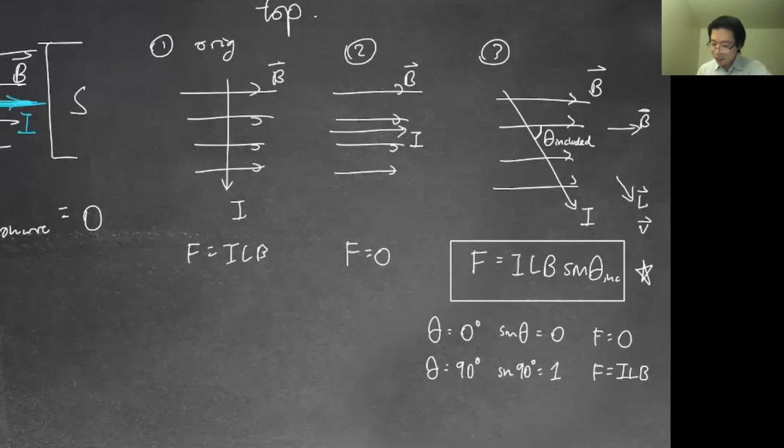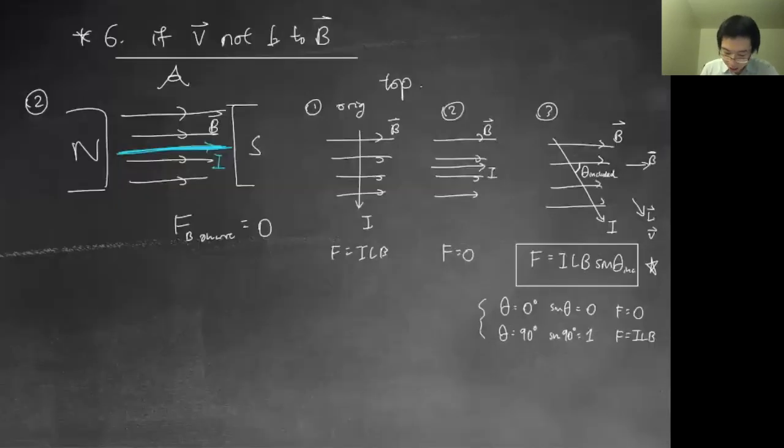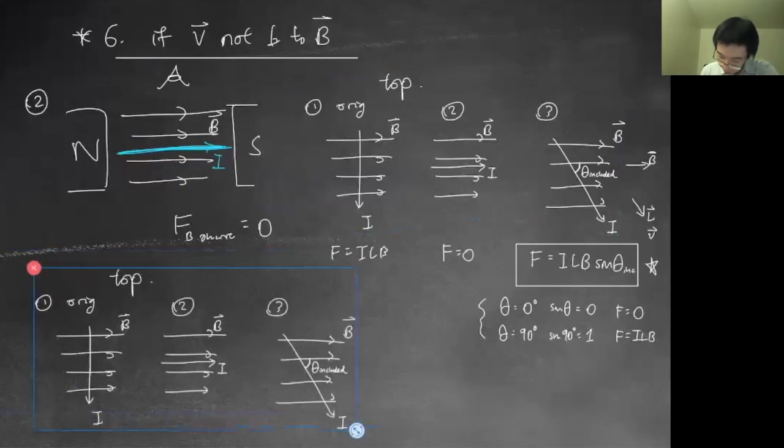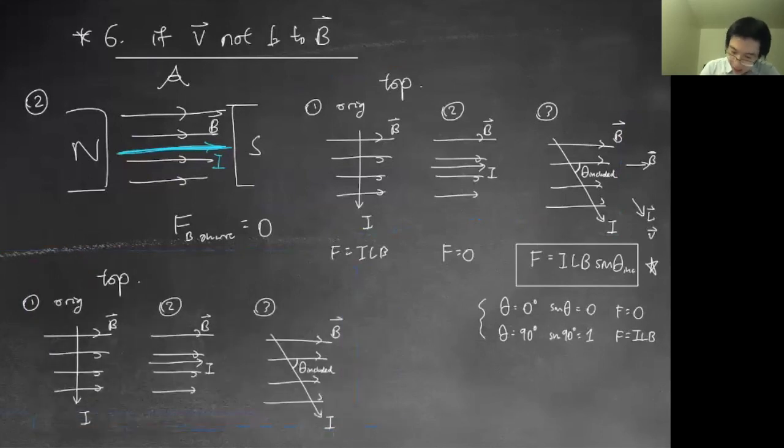So same thing if it is a charge. If it's not a wire, if it's a charge, let me copy this. Replace that wire with a moving positive charge. So this time, this is a positive moving charge, and this is the velocity vector of it.